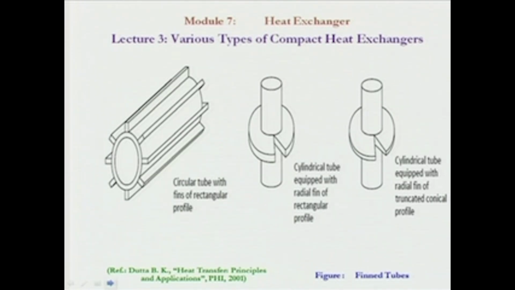In this case, the tubes are having some fins. You can see these are lateral fins, and these are circumferential fins. You can see that it is radial, or circumferential, whatever you say.